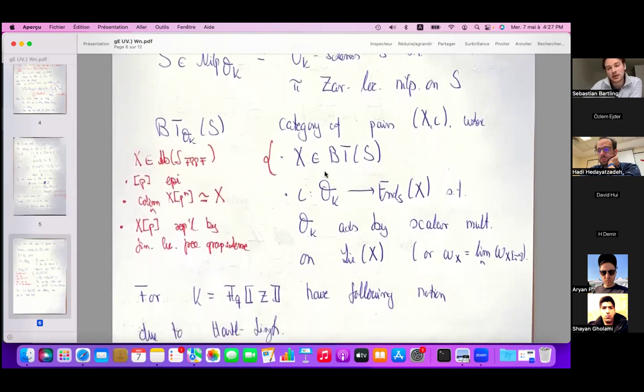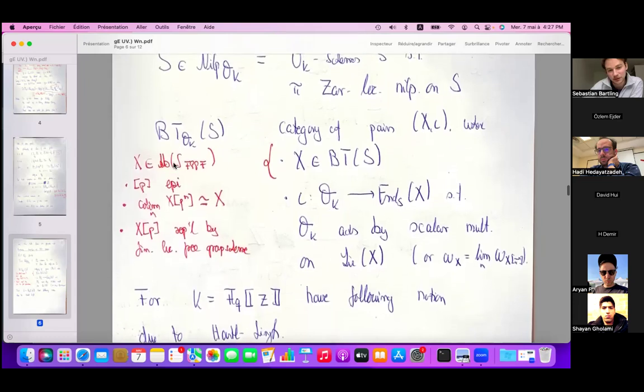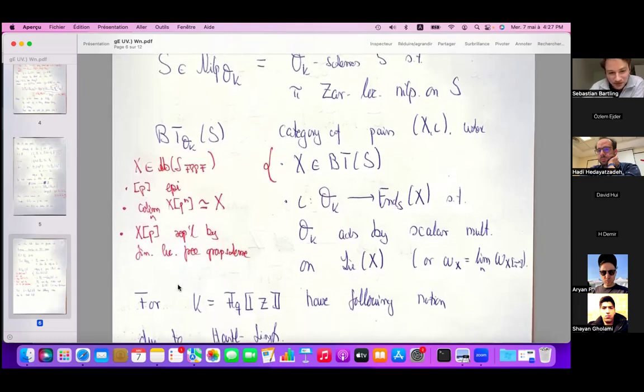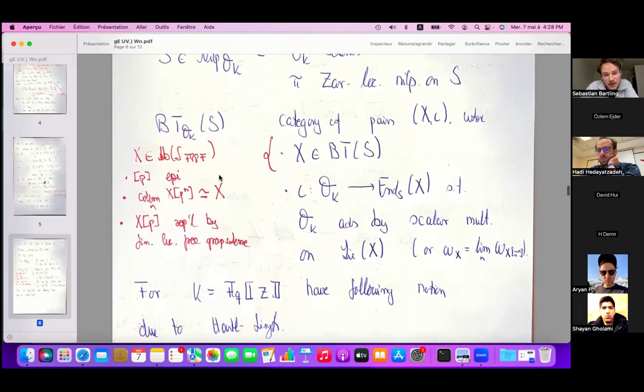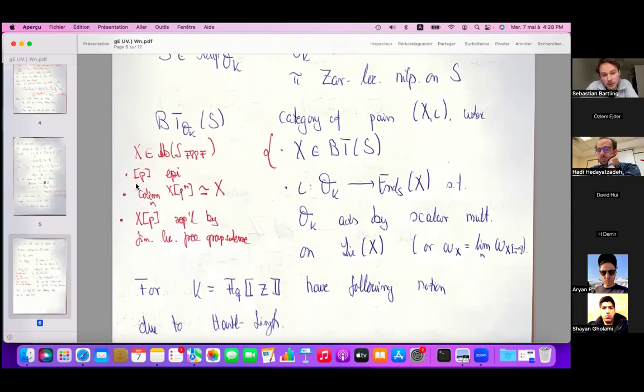So you take a p-divisible group over S, and here I also recall the definition of a p-divisible group. It's an abelian sheaf X on the big fppf site of S such that multiplication with p is an epimorphism. That's where the divisibility comes in.